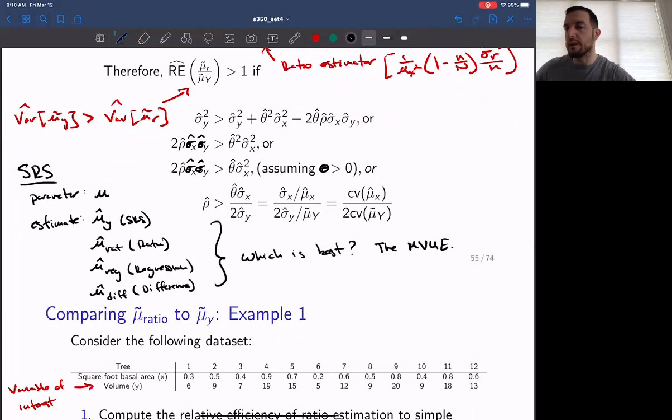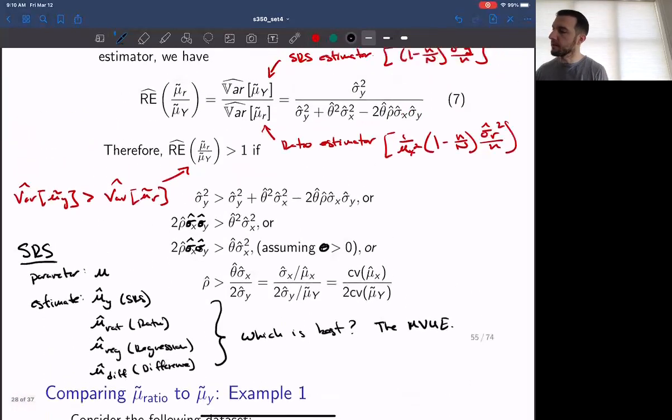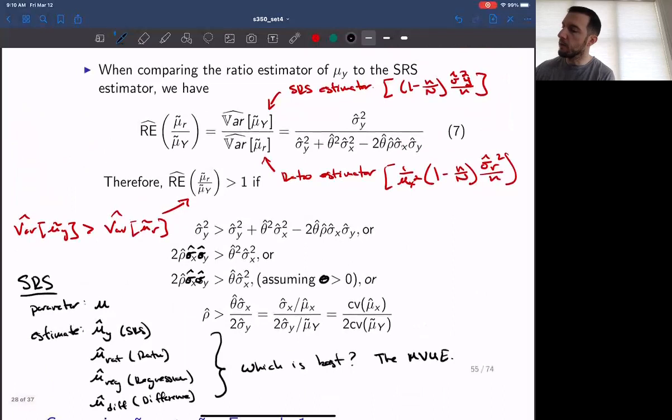The other approach that we can take is to use what is called the relative efficiency method, or the relative efficiency calculation. The relative efficiency is simply a ratio that compares the variance of one estimator to the variance of another. So for example, on slide 55, here we are comparing the ratio estimator to the simple random sample estimator. So in equation 7, we have the relative efficiency of mu tilde r over mu tilde y.